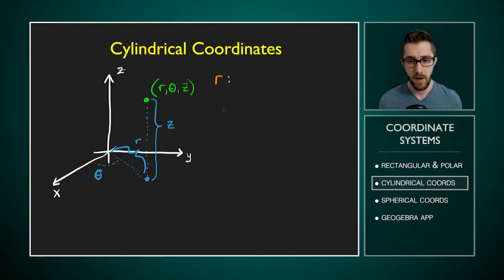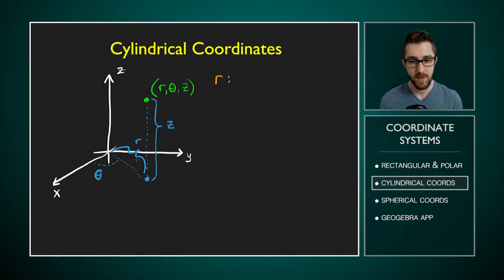So before, in polar coordinates, r was the distance to the origin. But it's not really distance to the origin now, right? The distance from this green point to the origin is along this line like this, which is not really what this distance is. One way to think of it is its distance to the origin once you drop the point onto the xy plane. That's a little bit wordy.